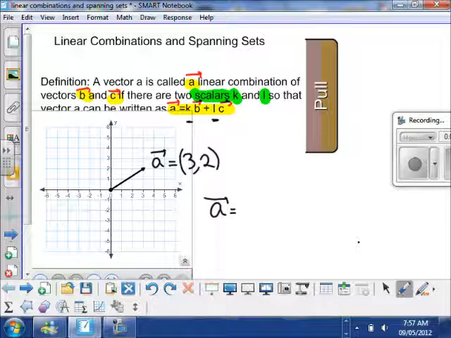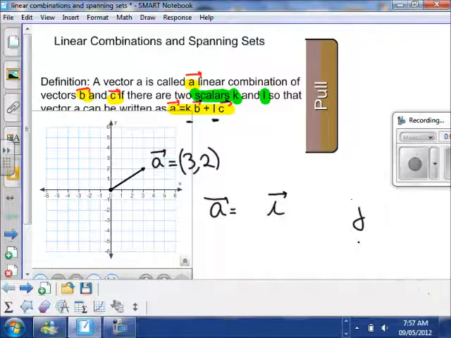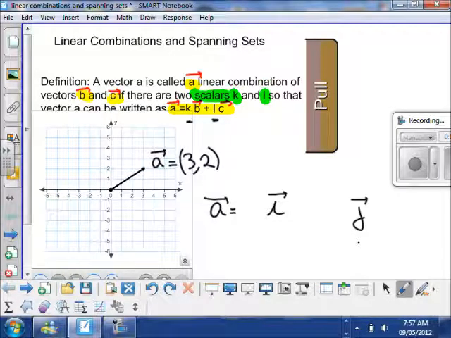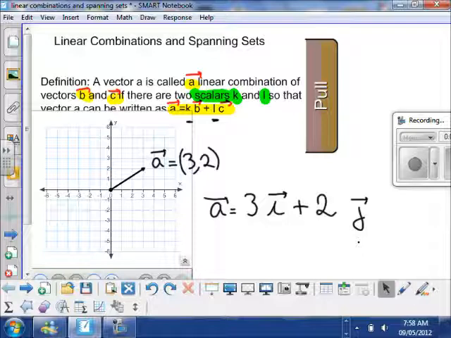Well, the first ones that should come to your mind are our old friends, unit vector I and J, right? Now, I need to multiply my I by 3 and my J by obviously 2. Good. So did I write my vector A as a linear combination as I have it here in the definition?